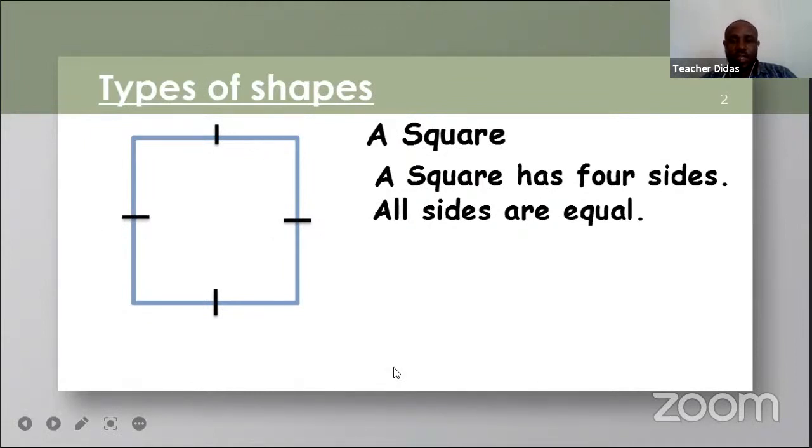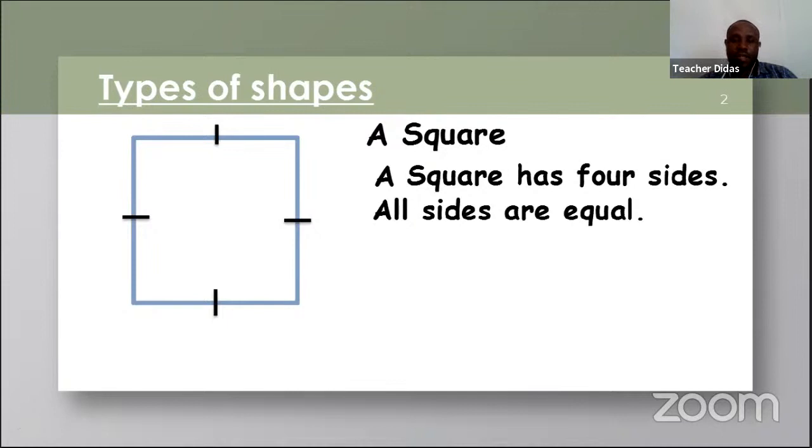So all the sides are equal. Okay, Fidel is saying it has 4 equal sides. Good. So when you say a figure has 4 sides and all the sides are equal, then you know you're talking about the square.